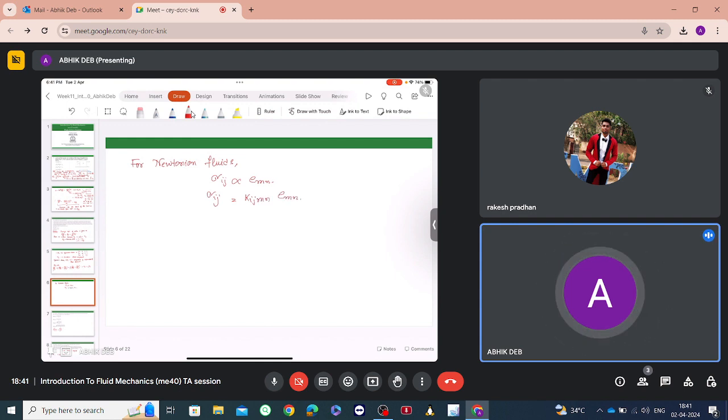Okay, this is the deviatoric stress component, and this is the isotropic tensor, which becomes mu when we consider Newton's law of viscosity.